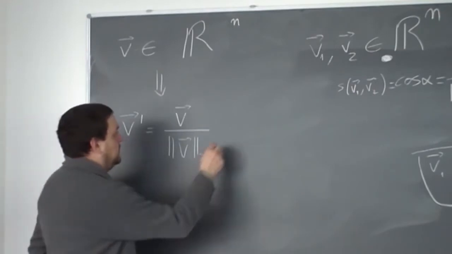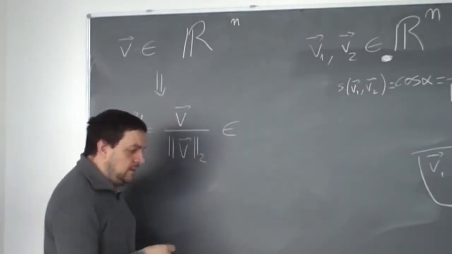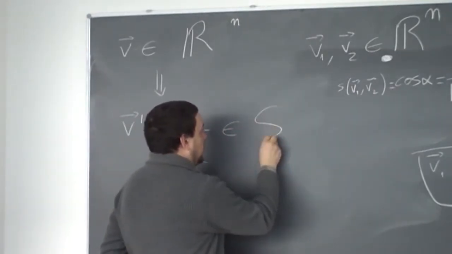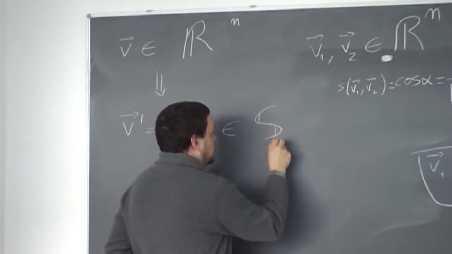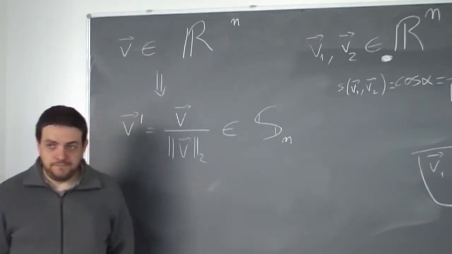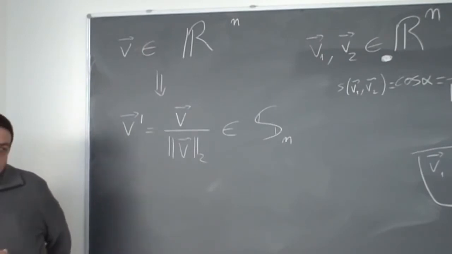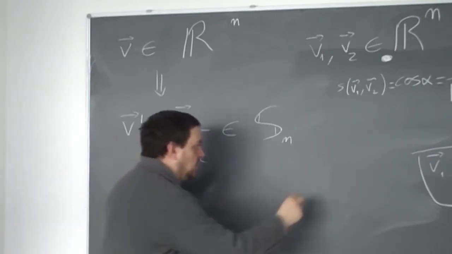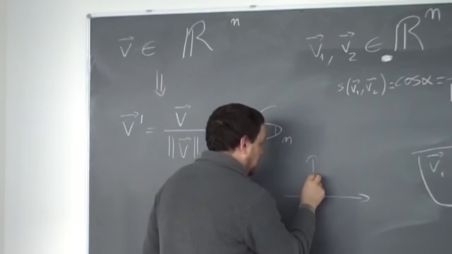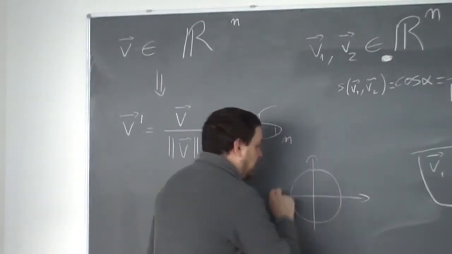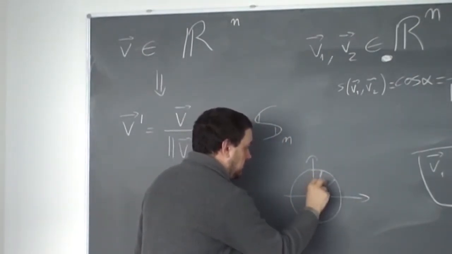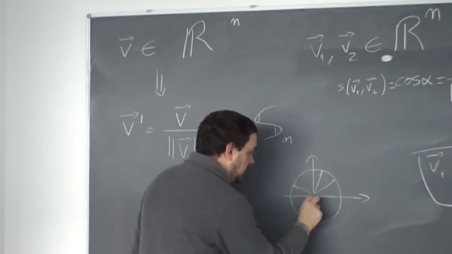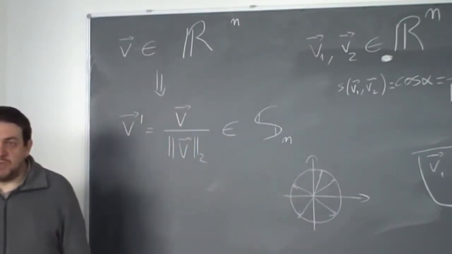What you obtain is something that belongs to the n-dimensional sphere. Okay, all vectors have length 1, so in 2 dimensions, all vectors will lie on the circle of radius 1.